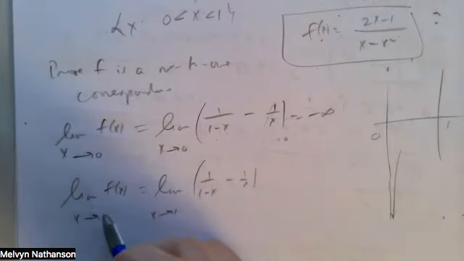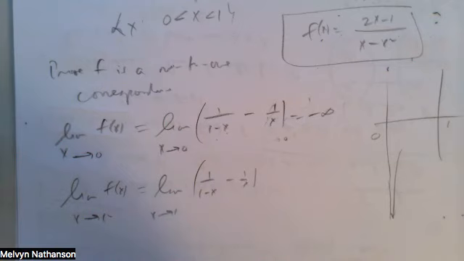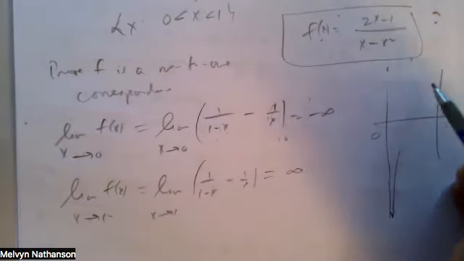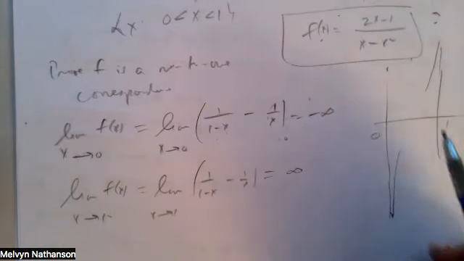Because x is between 0 and 1, 1 minus x is positive, but the denominator is going to 0, so the fraction is going to infinity. And 1 over x is going to 1. So this is going to plus infinity as x approaches 1.